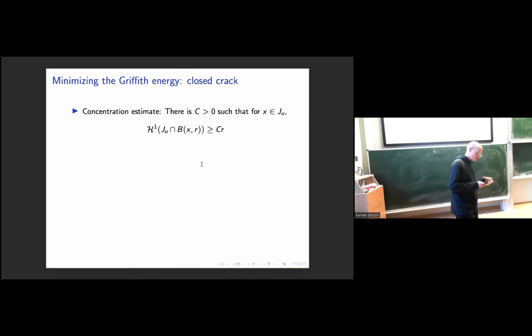So the way you prove that the jump set of a weak minimizer is essentially closed is you prove a concentration estimate.